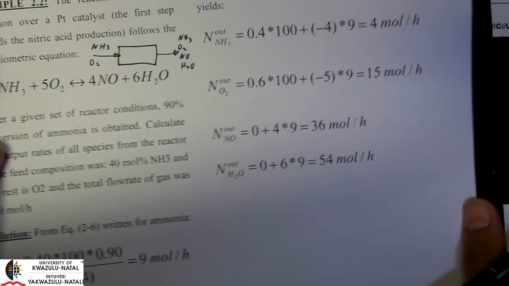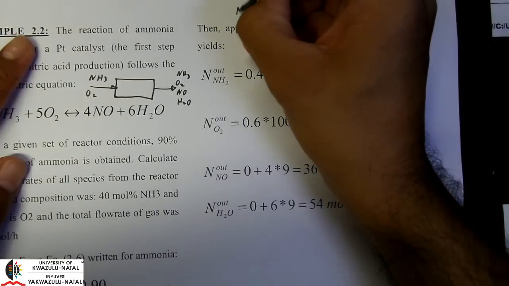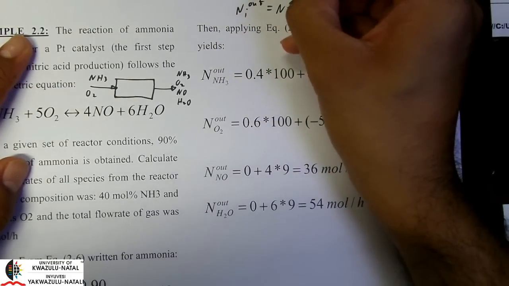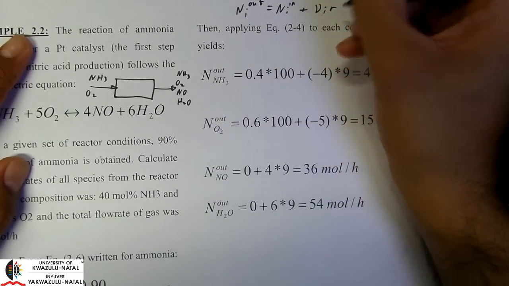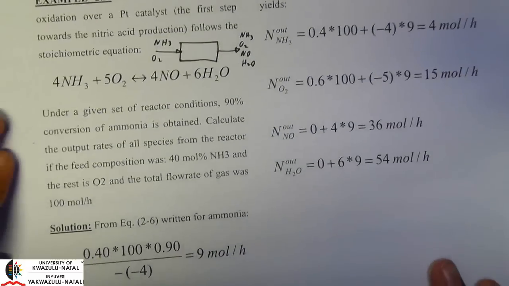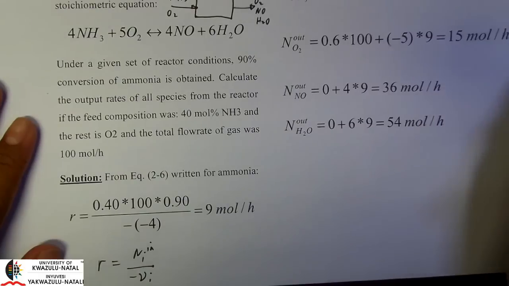And we can apply the material balance equation, Ni out being equal to Ni in plus the stoichiometric coefficient multiplied by R. Using this equation here, we could obtain our R value quite easily.